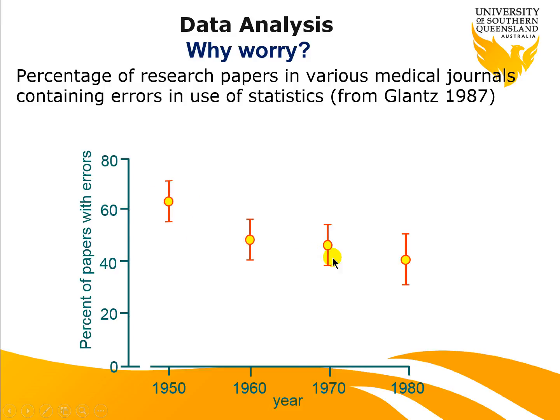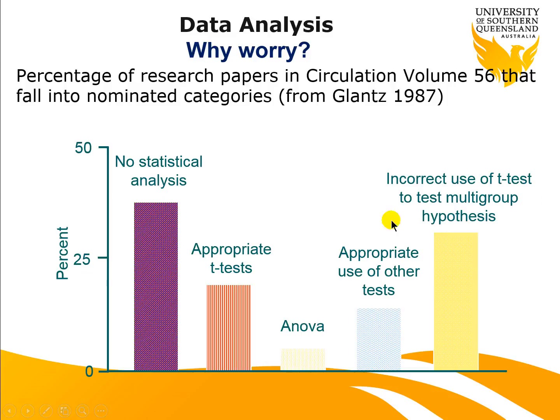I have no idea what these percentages really represent. If this is 60% of the total number of articles or the number of articles in 1950, I'm not sure. So that's a real problem, I think. Giving percentages without the sample size is definitely a rule. Never ever do that.